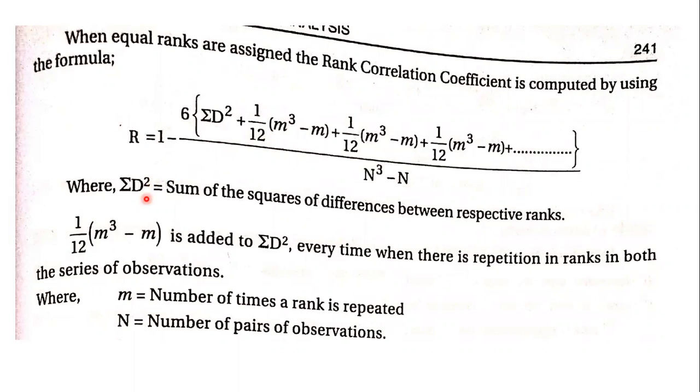If you have 2 repetitions, you will have 2 of these expressions. If you have 3 repetitions, you will have 3. We know what sigma d square is, and 1 by 12 m cube minus m is added to sigma d square every time there is a repetition. What is m? The number of times the rank is repeated, and n is the number of pairs of observations.